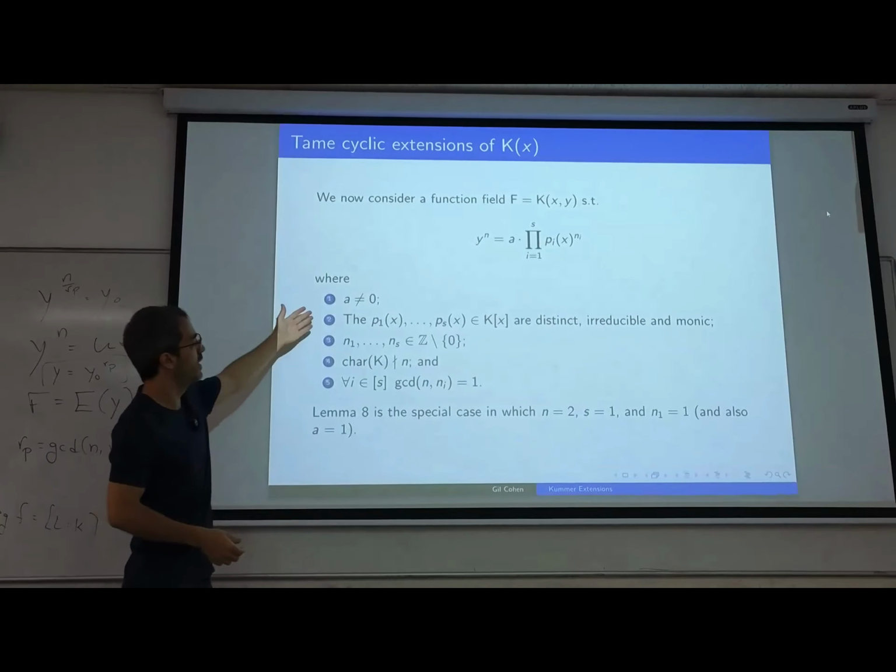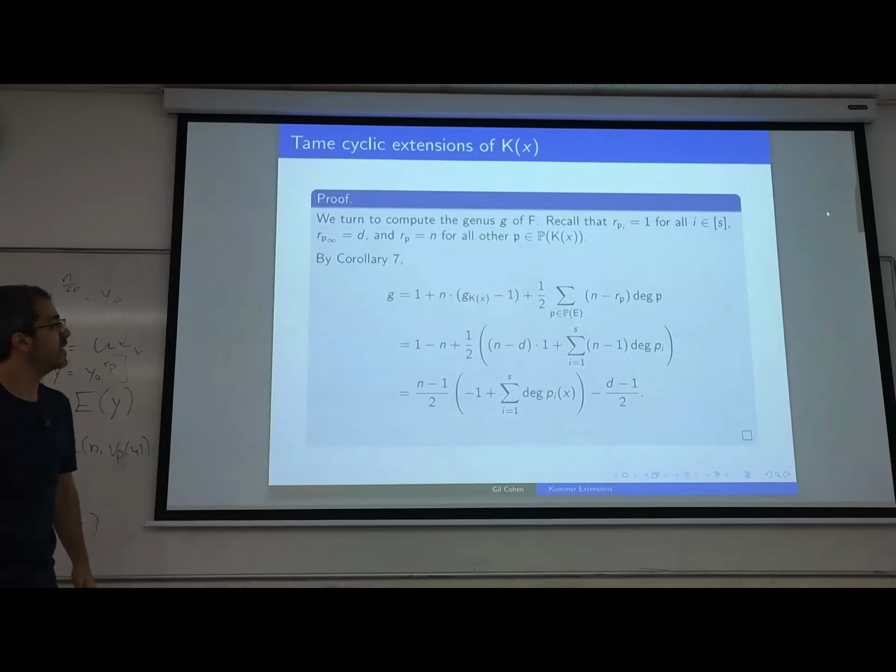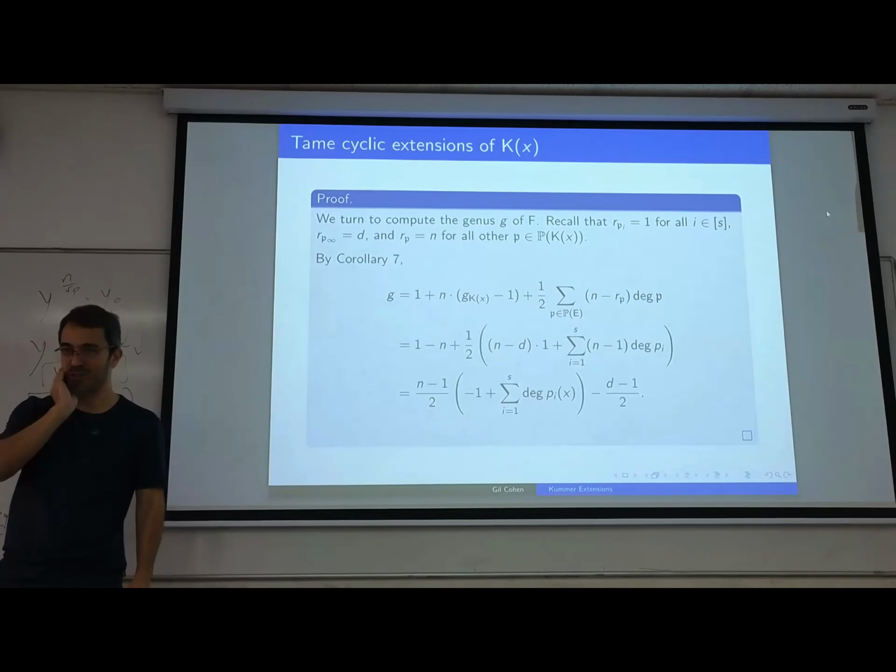But don't worry about that. We're not going to use that. But I think it's kind of obvious also. It's just plug and play. Yeah, that's it. That's all I want to say about Kummer extensions. Any questions?